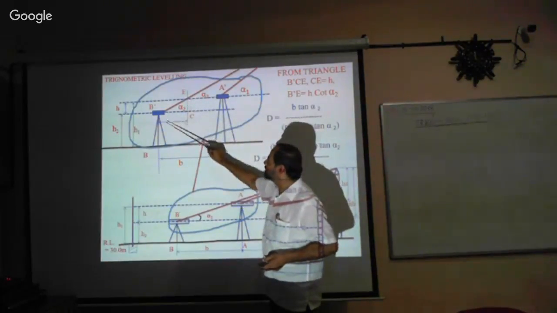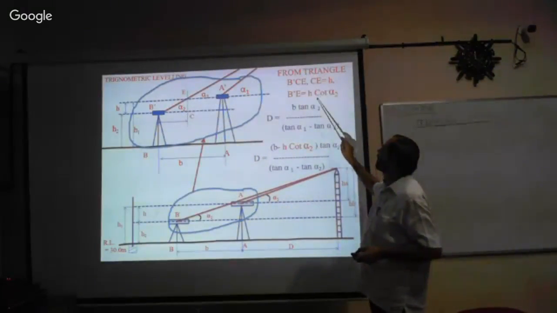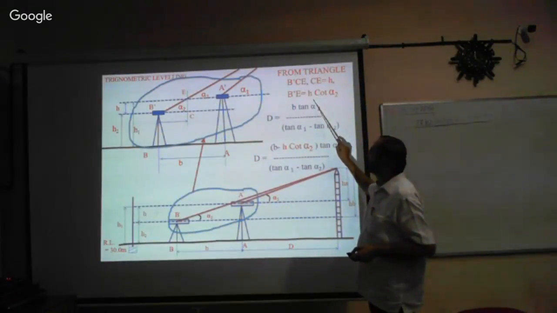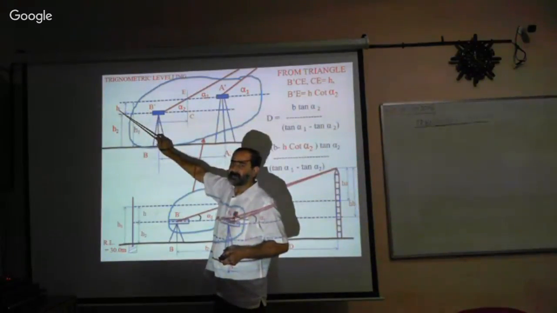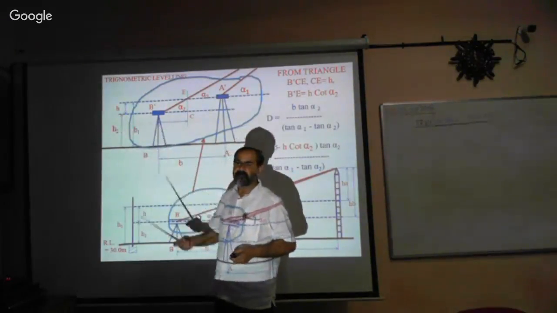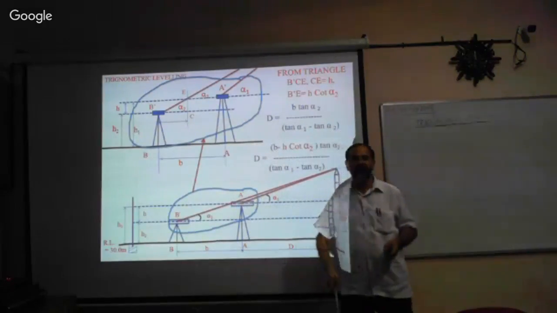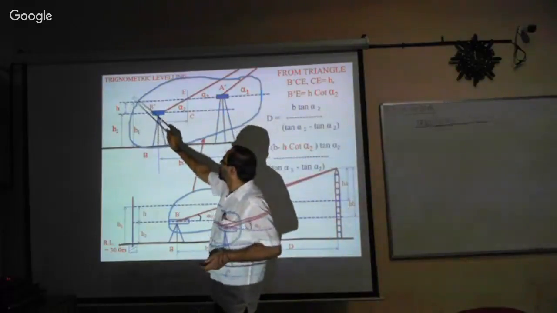Considering this triangle, calculate this distance. This distance becomes how much? I have written here S, H. Now let us take this as S. S is equal to the difference in staff reading.